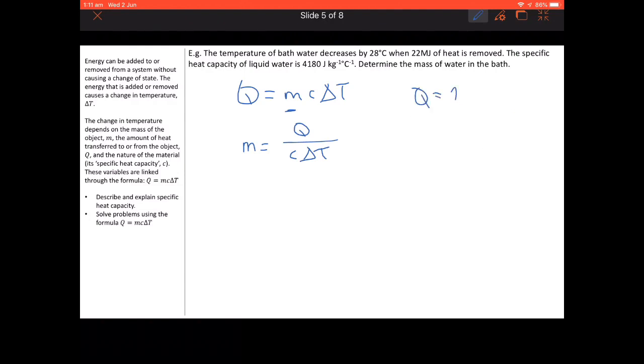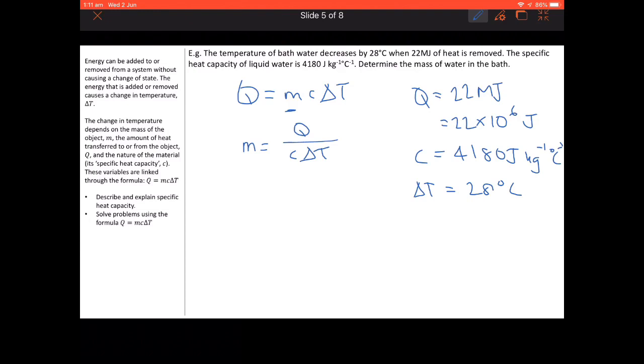Our heat is 22 megajoules, which is equal to 22 × 10^6 joules. Your specific heat capacity is 4,180 joules per kilo per degree Celsius, and change in temp is 28 degrees Celsius.